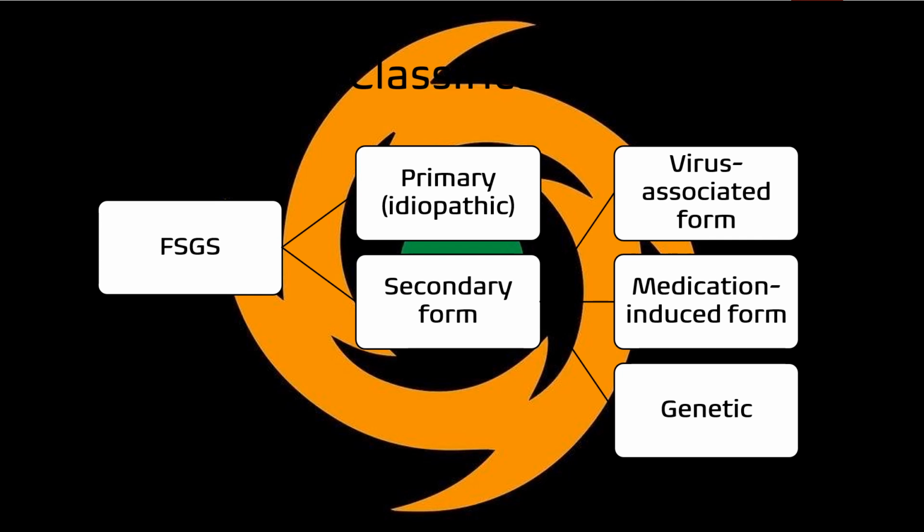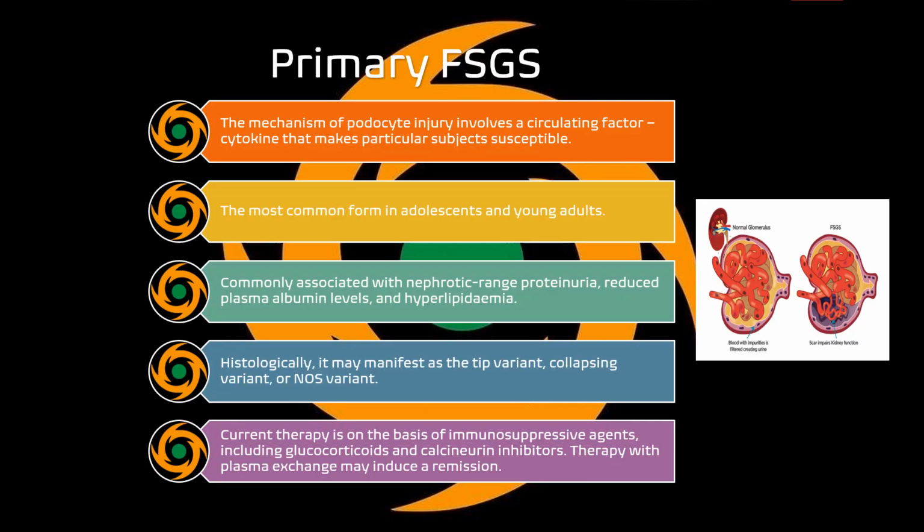And from the secondary form, there can be a virus associated form, and it can also be a medication induced form, and perhaps more troublesome is the genetic basis of FSGS.